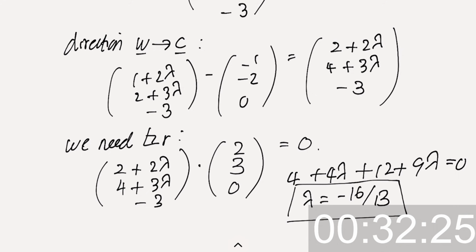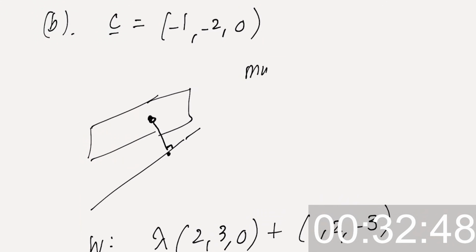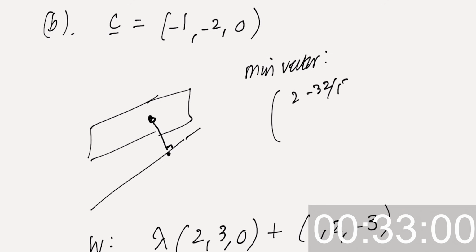Right. So now that I know the value of lambda, I can plug this into here, because this was exactly the difference between the two coordinates, W to C, and then the distance, of course, is the squared entries using Pythagoras. So let's put the values in. The vector is going to be 2 minus 32 over 13, then we've got 4 minus 48 over 13, minus 3.